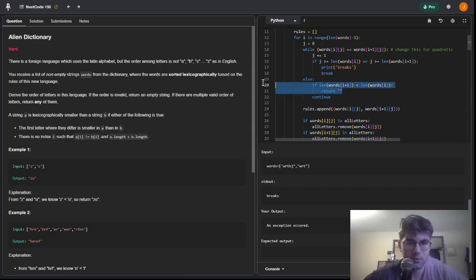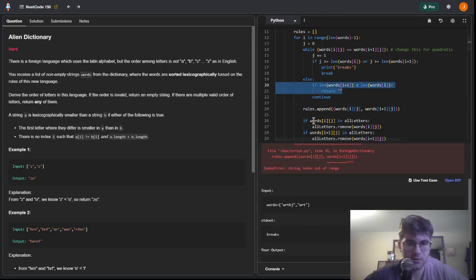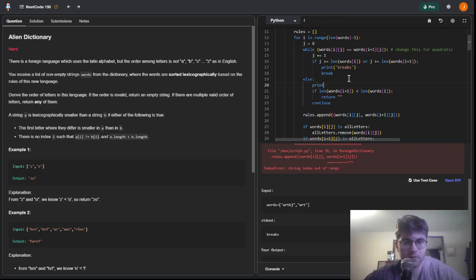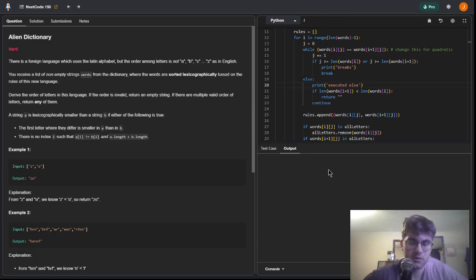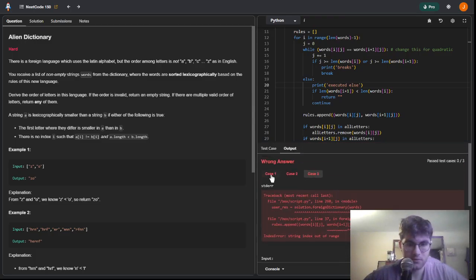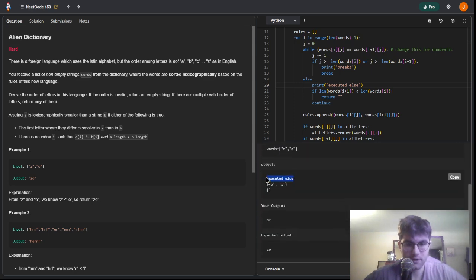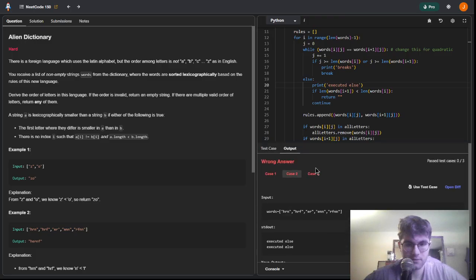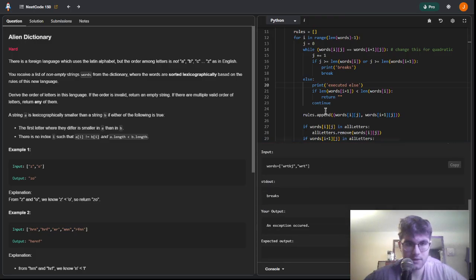It could be this return statement. So in case 1, it's executing the else. In this one, it's not. So I think it's if you don't break.